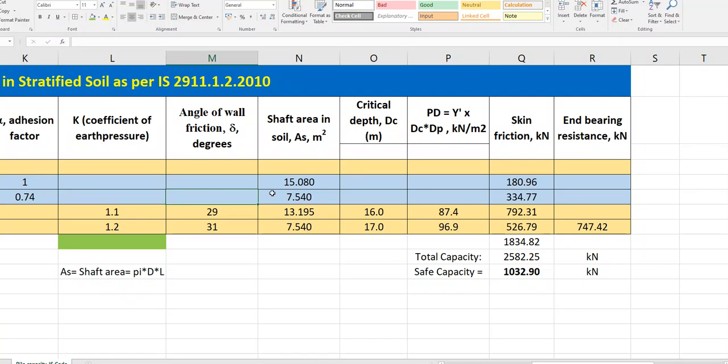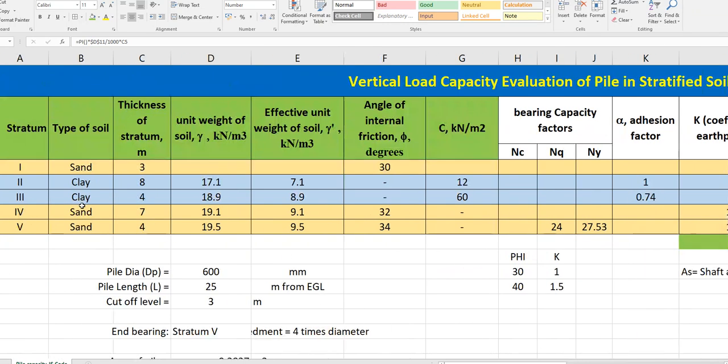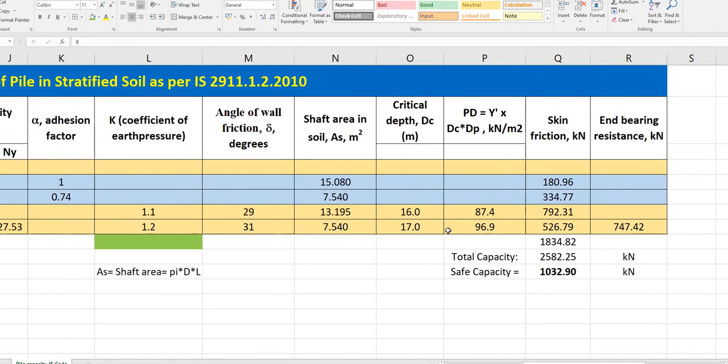Similarly, we have obtained the shaft area for all the stratifications, all the layers. For all these 4 layers, we have a certain length, the thickness of the stratum in the given soil. So we have evaluated the shaft area which is there in the soil for the given length.